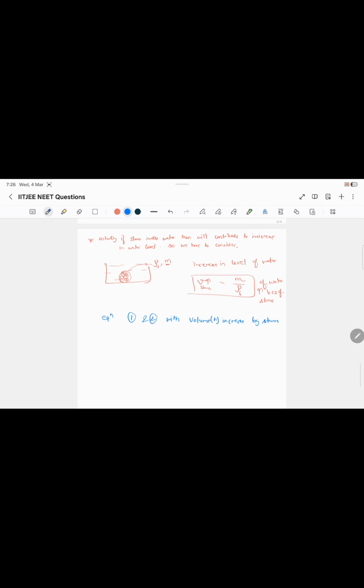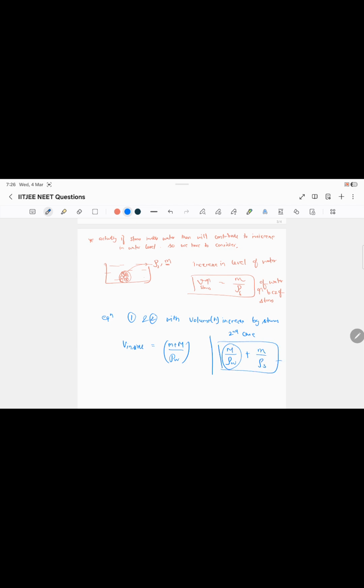Initially the volume inside in case 1 was (m plus capital M) by rho water. After the second case, the total volume will be capital M by rho w, plus the volume increase because stones are thrown into water, which will be small m by density of stones.